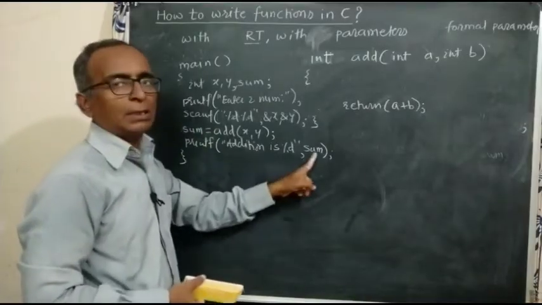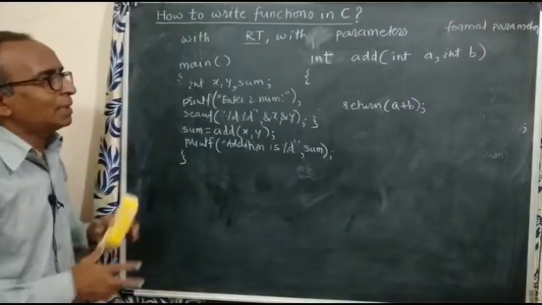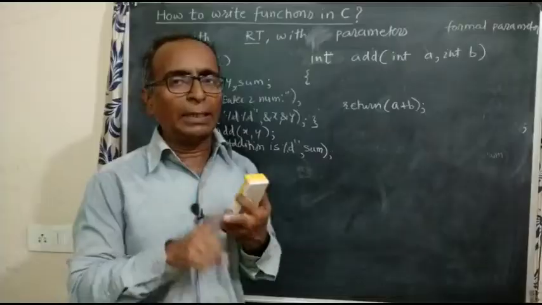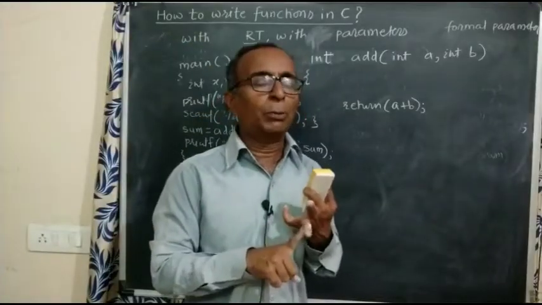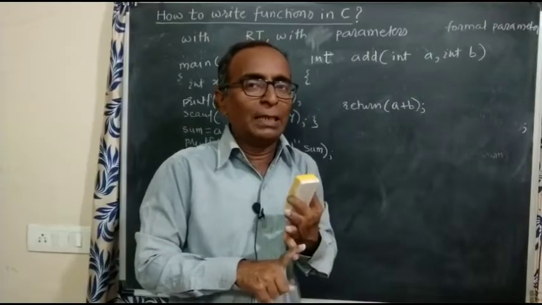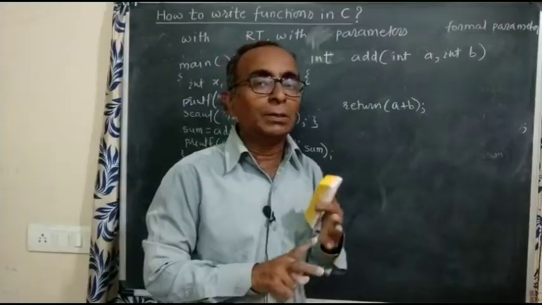Then the addition is sum, that will be printed. So these are four types, and this way you just have to think who will read, who will write or process, and who will give output. If there is clarity, then you can write any functions easily.